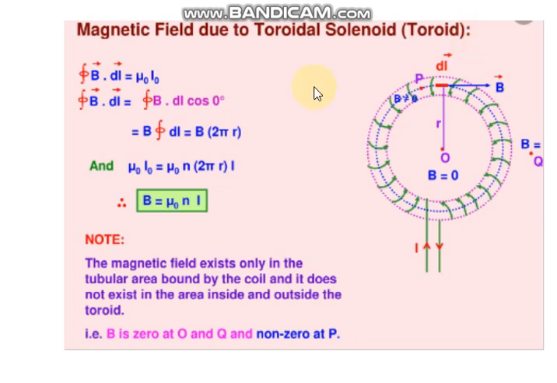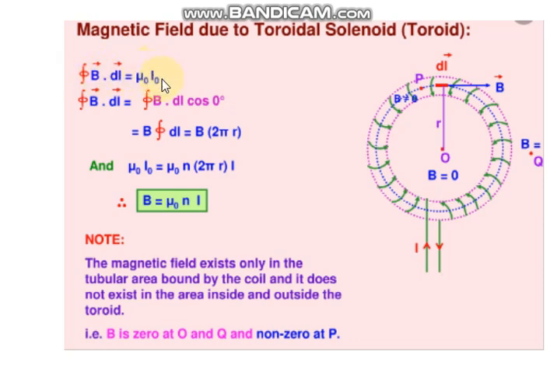So let us apply Ampere's law to determine the field due to a toroidal solenoid, or a toroid. Ampere's law is the line integral around a closed path of B dot dl equal to mu naught times I naught.